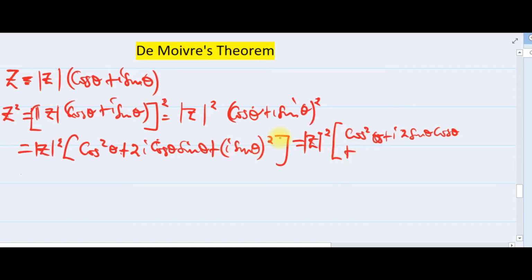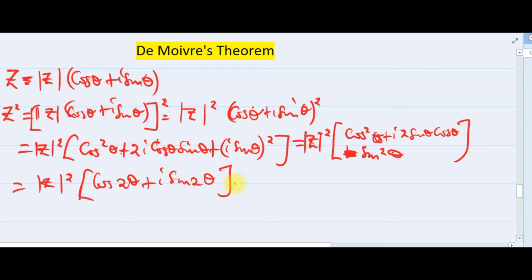Plus, remember i squared is minus 1, so we'll write it as minus sine squared theta. So let's continue. This is now r squared. For our trigonometry, cos squared minus sine squared is cos 2 theta, if you remember. And 2 sine theta cos theta is sine 2 theta.